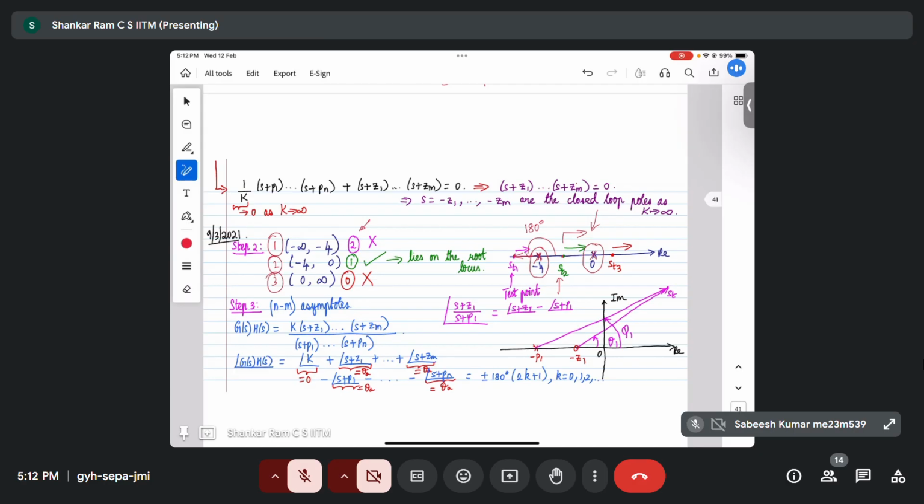We can have a similar argument. If we draw the vector from -4 to ST2, that vector is along the positive real axis. So what do you think is going to be the angle of this vector? This is going to be 0 degrees. On the other hand, the one from 0 to ST2 is pointed along the negative real axis.